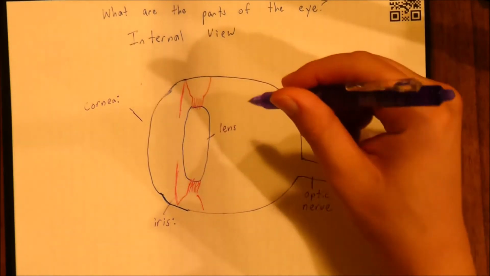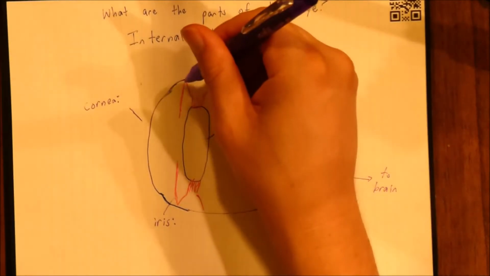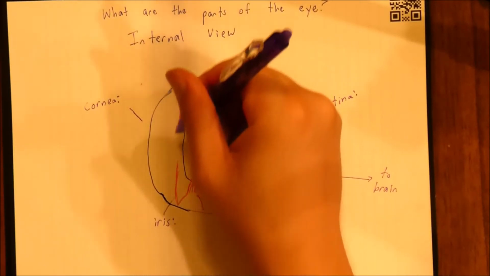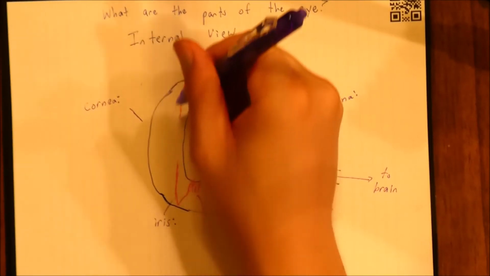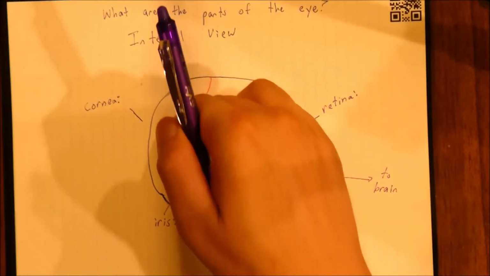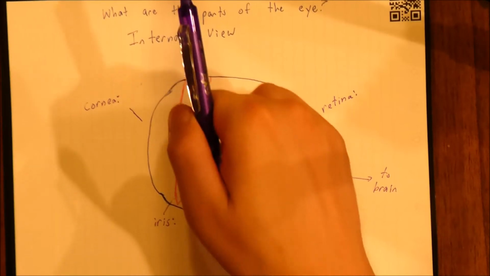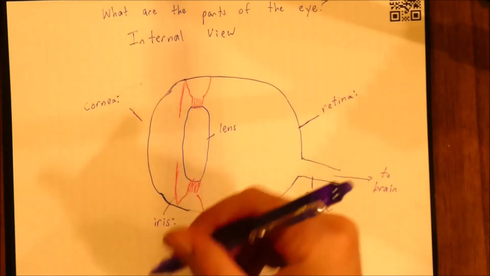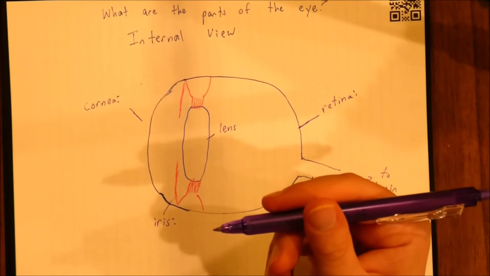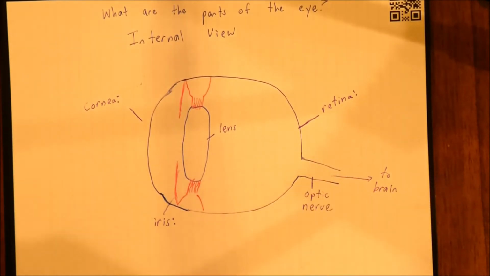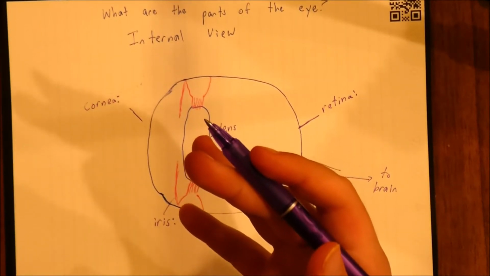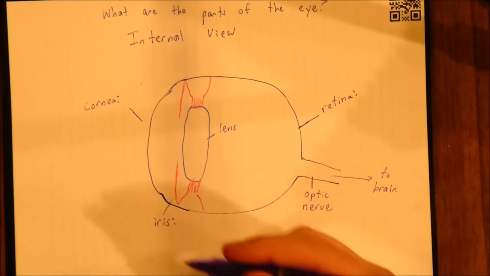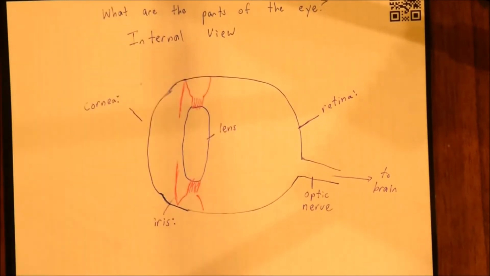All right, so this right here is the part that we can see when we're looking at somebody's eyes, like in real life. Your iris, and then right here is that hole. That's where your pupil's at. Now, covering this part is a little lens called the cornea. Your cornea is like a window that lets light go into the eye. So if we have light out here on the side, I'll do the light with a different color.